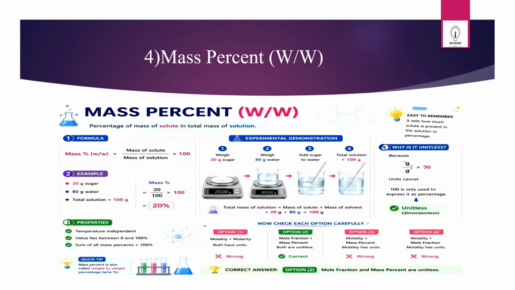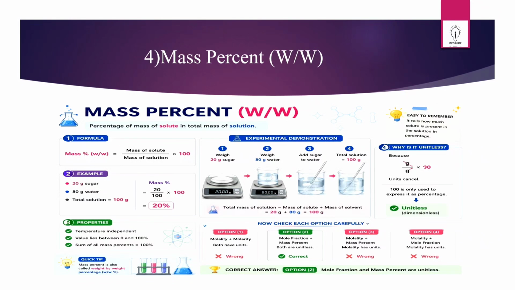Total mass of a solution: when we have to answer what is the mass of solution, it is mass of solute plus mass of solvent, that is 100 gram. That calculation is here in example 2. 20 gram of sugar, 80 gram of water, total solution is 100 gram. When we calculate the mass percent, that is 20 divided by 100 into 100, that is 20%.